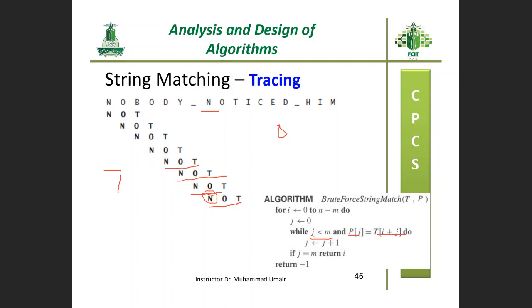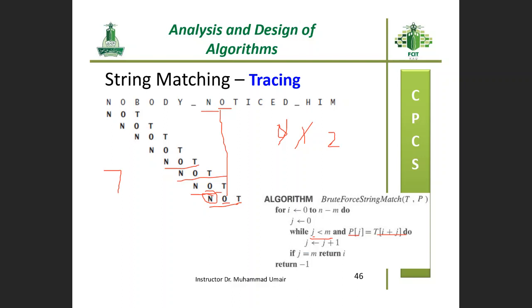So it will be compared with N. That is true. j will be incremented, j will become 1. And now it will compare the next character of the pattern with the 7 plus 1, 8th character of the text. So O is equal to O. Again it is true. j will be incremented, j becomes 2.